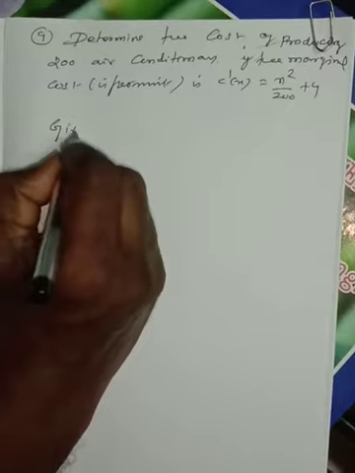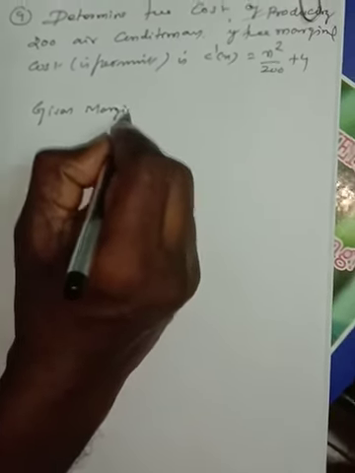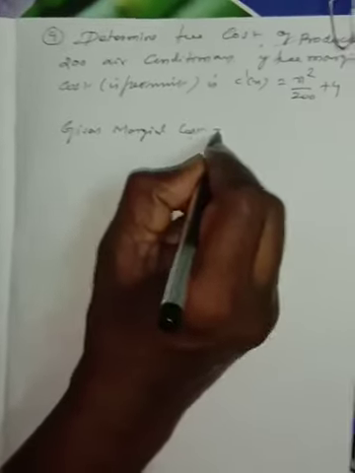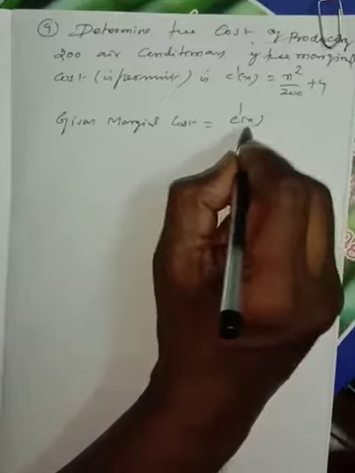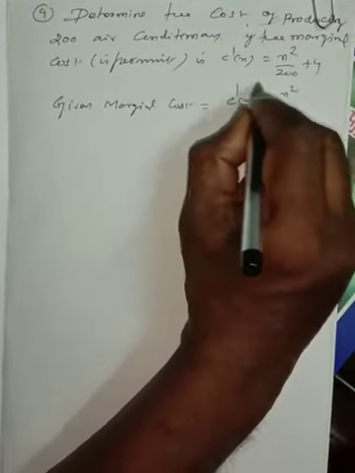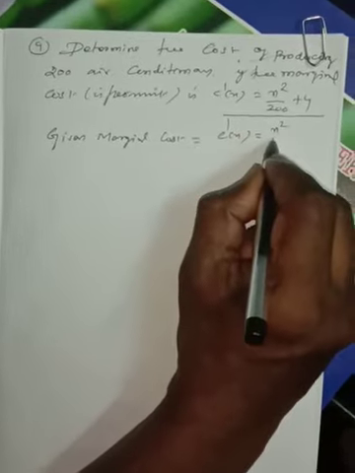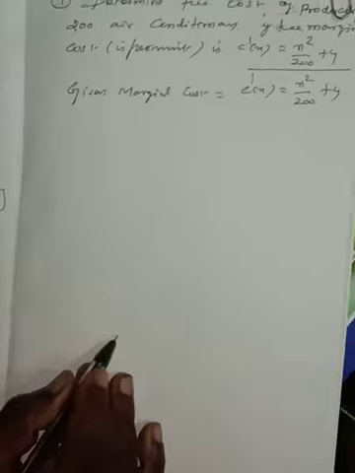Given marginal cost is equal to c dash of x is equal to x square divided by 200 plus 4.